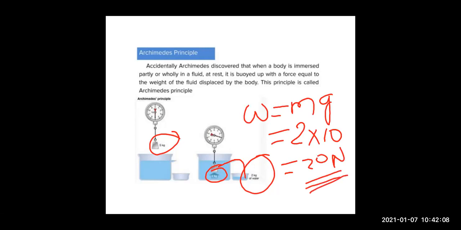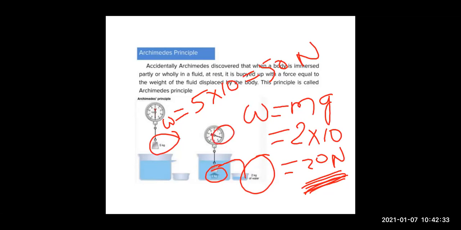Right, children? So it is going to lose some weight. And here, how much was the weight? Weight was 5 into 10, which is 50 Newton. Initially, the weight was 50 Newton, and 20 Newton weight it will lose as it is inserted into water, and its weight will be merely 30 Newton.